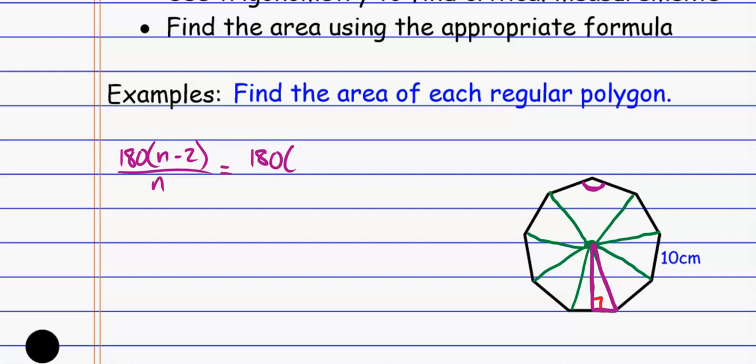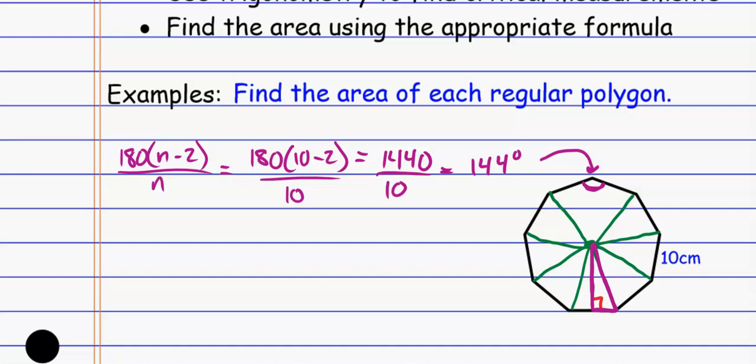I think about, okay, the sum of the angles, let's see, that's 180 times 10 minus 2. And so when I plug that into the calculator, that gives me 1440. But that's the sum of all the measures of the angles. Well, if all those angles are the same, I just have to divide by 10 in order to find the measurement of each of these angles. So I get 144 degrees for this guy right here. So each of those interior angles is 144 degrees.